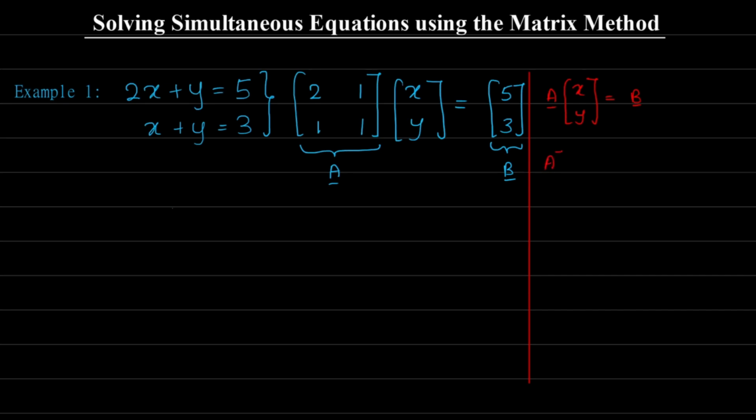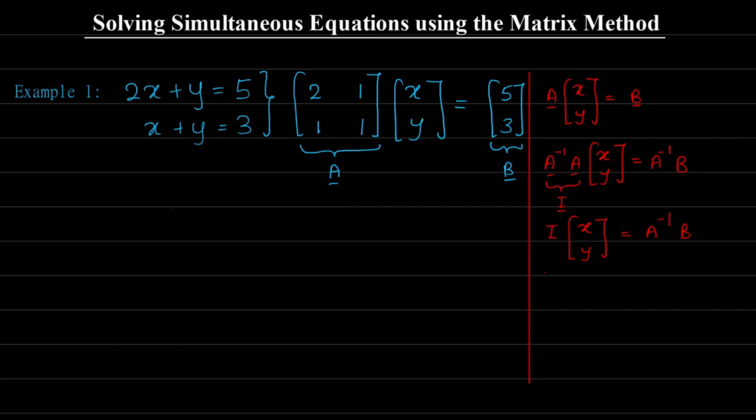Therefore, A inverse into A x, y equals A inverse B. And we know that any matrix into its inverse is equal to the identity matrix I. And therefore, we have I x, y equals A inverse B. We also know that any matrix into the identity matrix leaves that matrix unchanged.